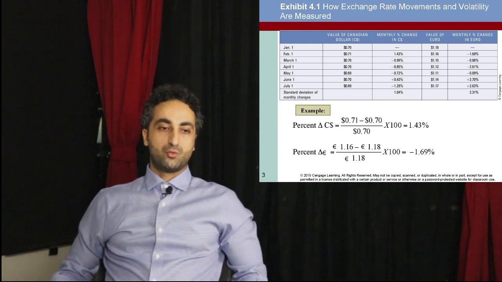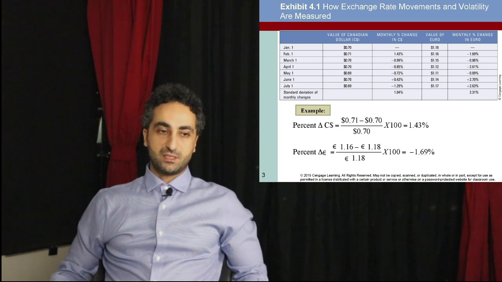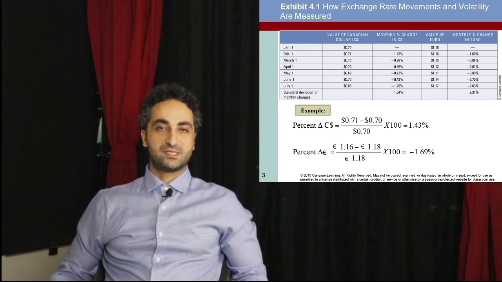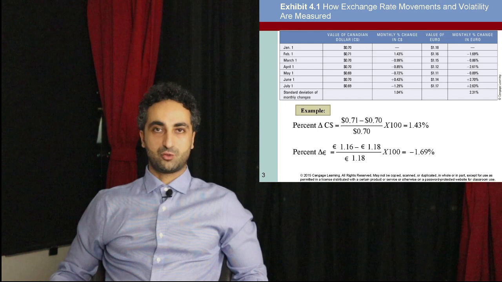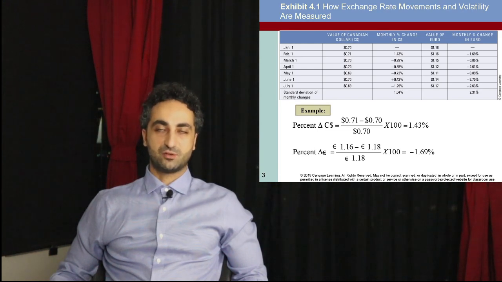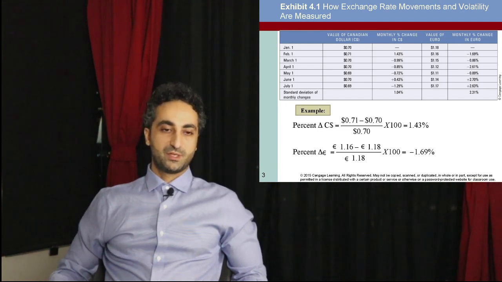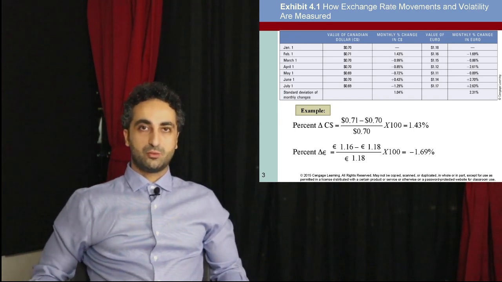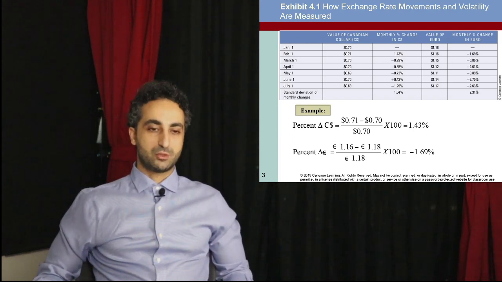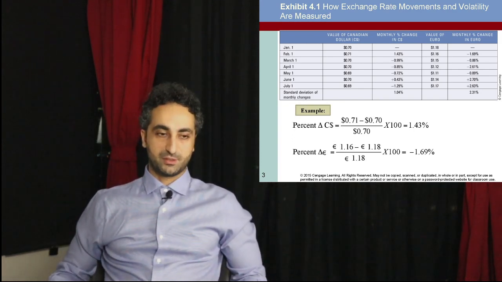So on January 1st, 1 Canadian dollar used to be equal to 70 cents of an American dollar. However, for the euro, it was 1.18. So 1 euro equals 1.18 USD, more than $1.